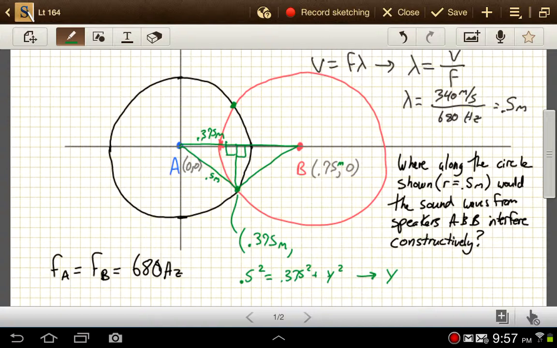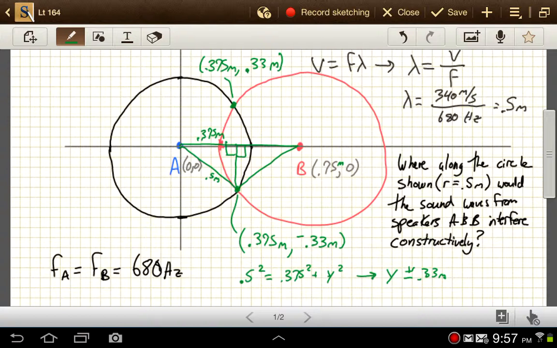I get 0.33, so that's plus or minus 0.33 meters. So this would be the negative 0.33 meters. And then up here, we'll have our 0.375 and a positive 0.33 meters. Okay, so those are two points where we'd have constructive interference.